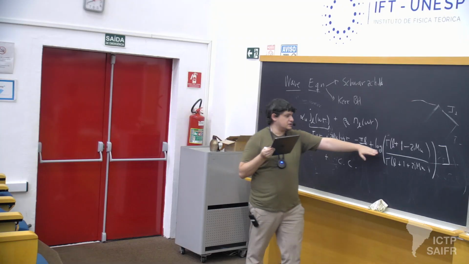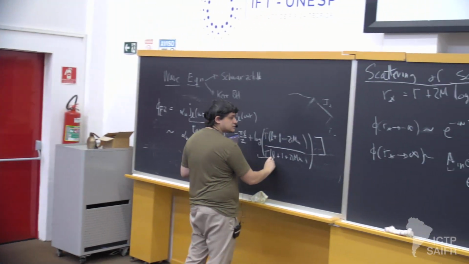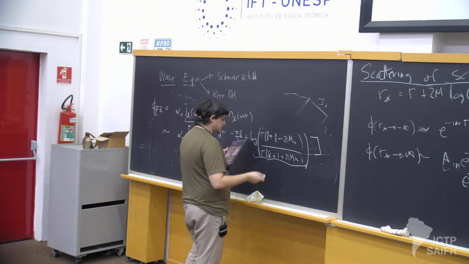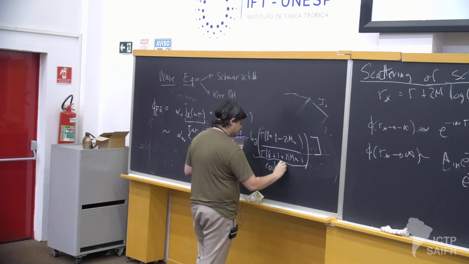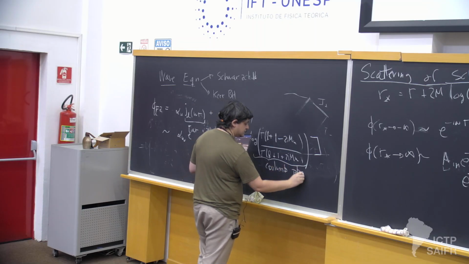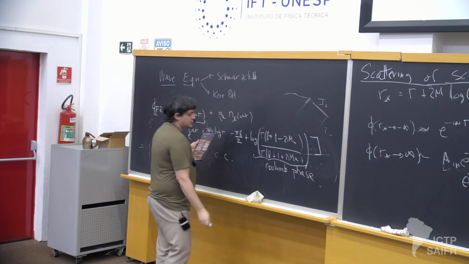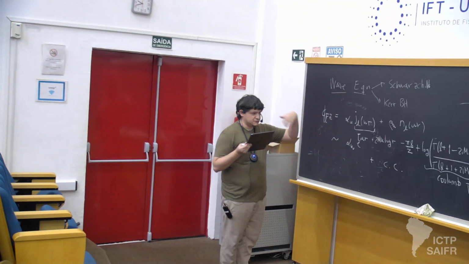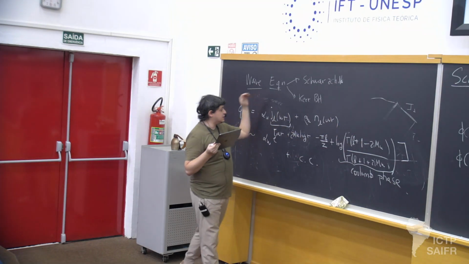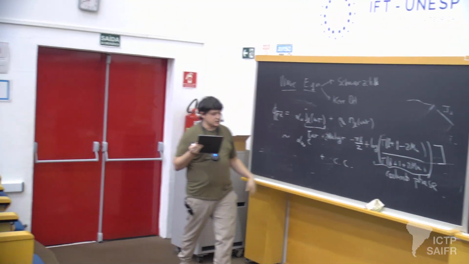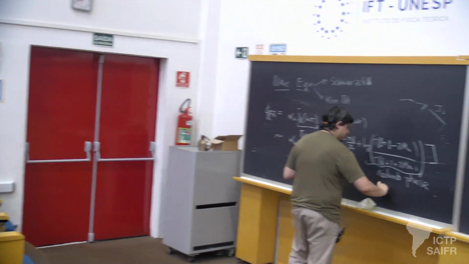So this here is called the Coulomb phase, because it's a phase. And this is the thing that, if you resum all the effects in L, is related to the 1 over R potential.